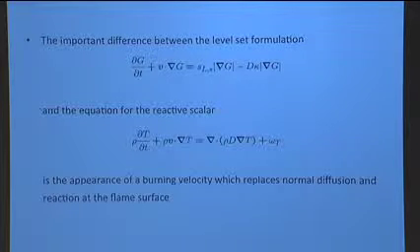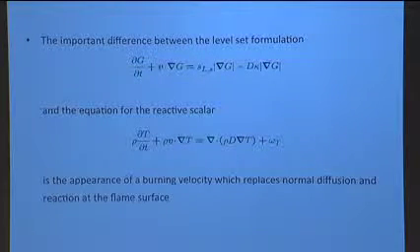The first two terms look very, very similar, and what you see here is there's no diffusion term and there's no reaction term. But again, we said we can split this up into a normal and a curvature component. The curvature component is here, the normal component and the reaction component again. And so the diffusion and reaction are replaced by this propagation term in the level set equation.